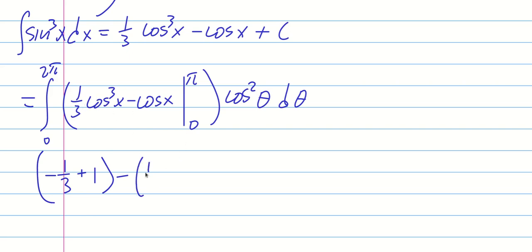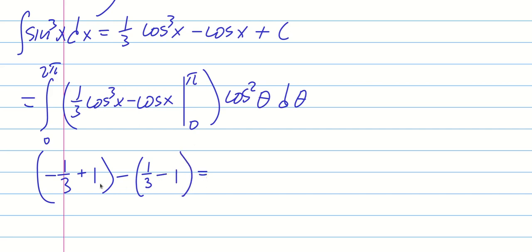Cosine of 0 is 1, so we get 1/3 with a minus, and cosine of 0 is 1, so minus 1.